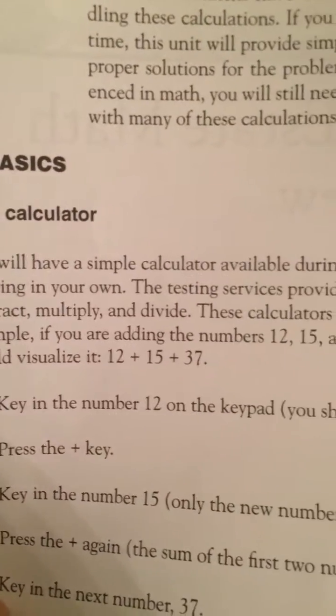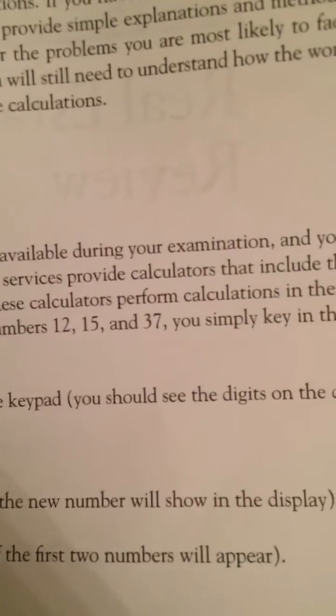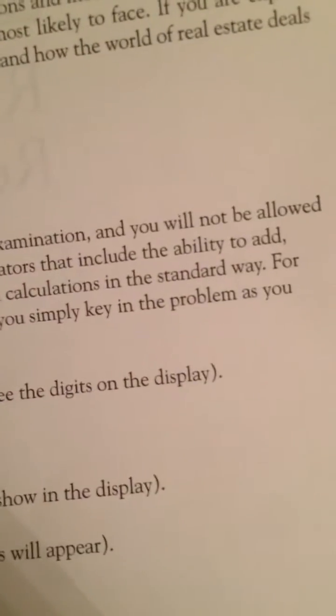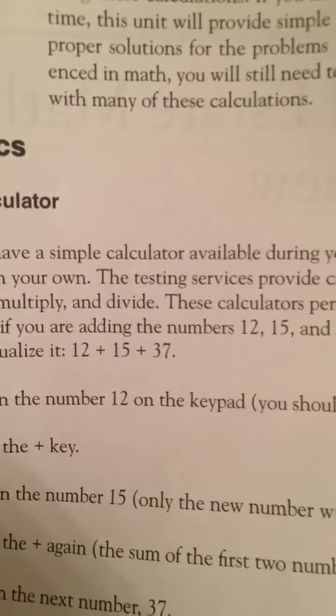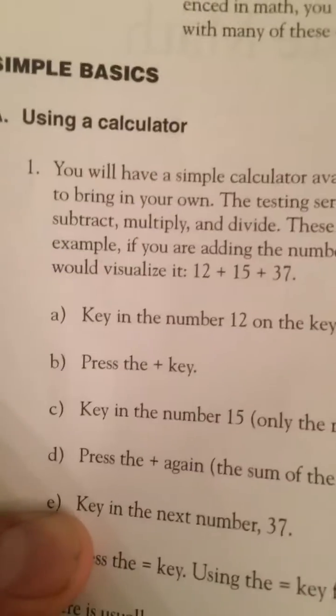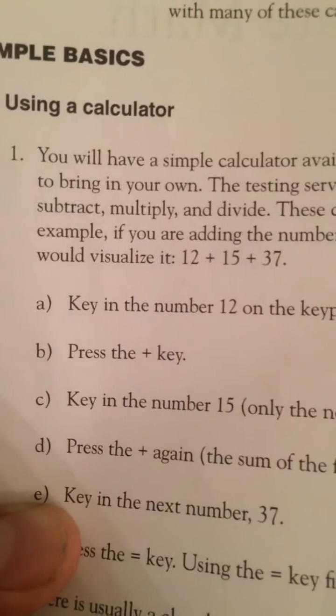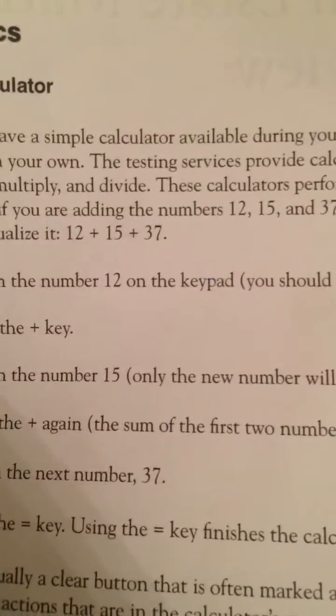For example, if you are adding the numbers 12, 15, and 37, you simply key in the problem as you would visualize it: 12 plus 15 plus 37. A. Key in the number 12 on the keypad. You should see the digits on the display. B. Press the plus key. C. Key in the number 15.